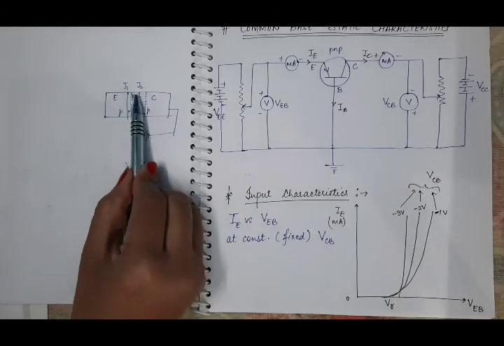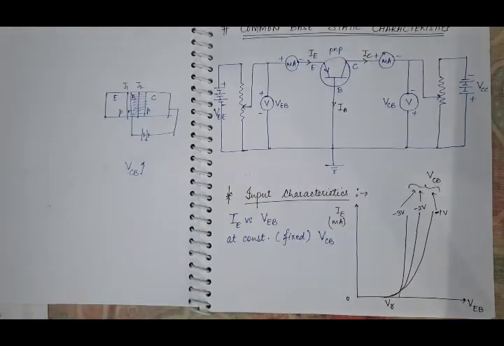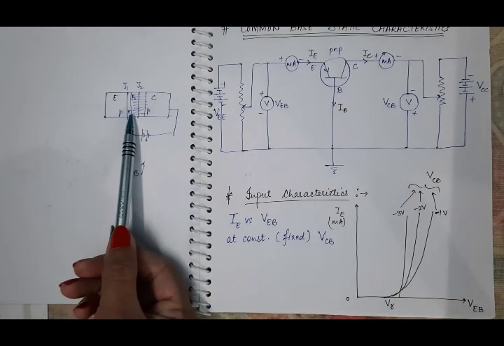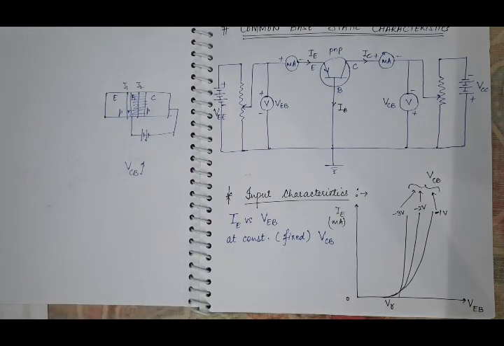So if the depletion layer covers most of the base region, then the area of the remaining base region will become small. It means the amount of recombination will decrease. And what are the minority carriers in the base? If base is N type here, then minority carriers will be holes.